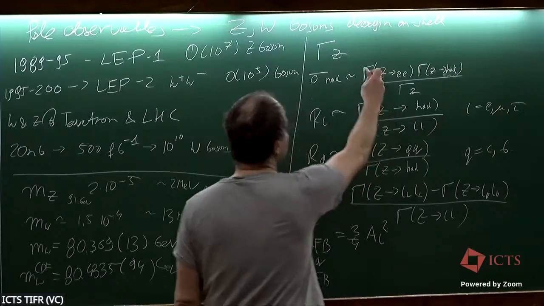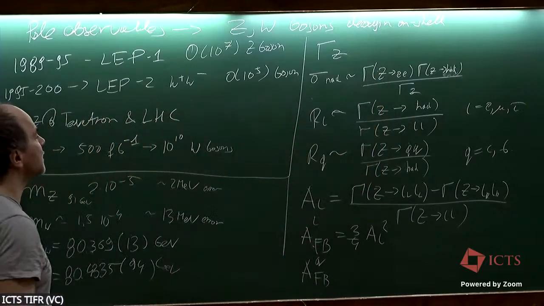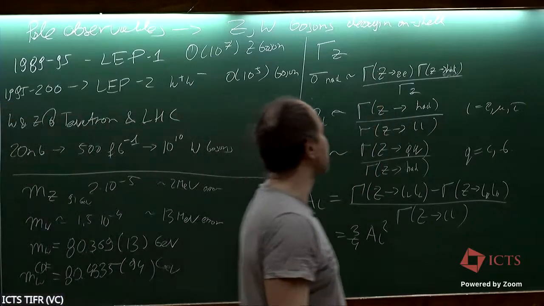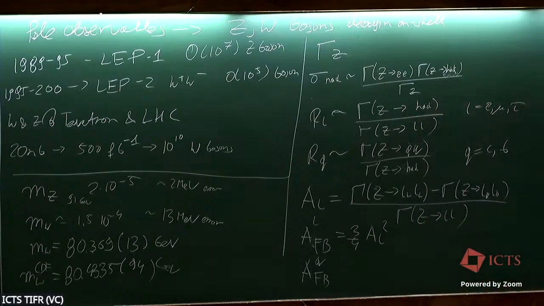So this is the set of observables that is measured very precisely, and we will try to discuss how this constrains Wilson coefficients.